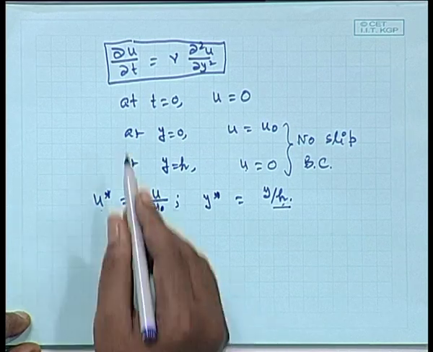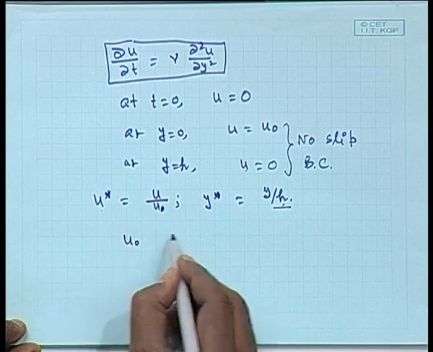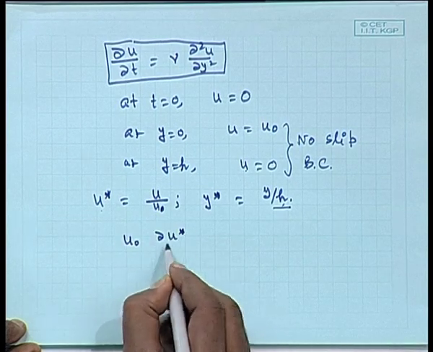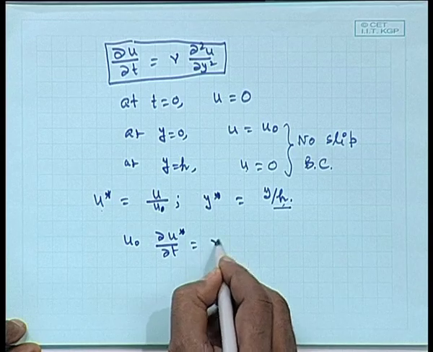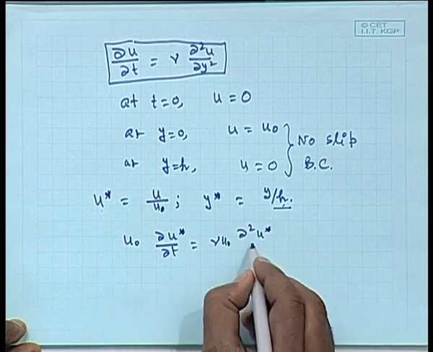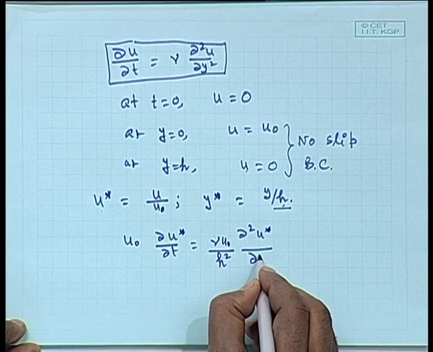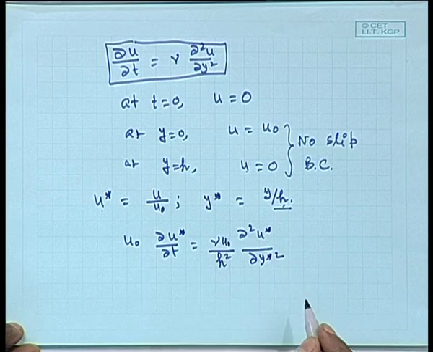Just substitute all this in your governing equation. What will you get? u_0 del u star del t is nu u_0 over h square del square u star del y star square.